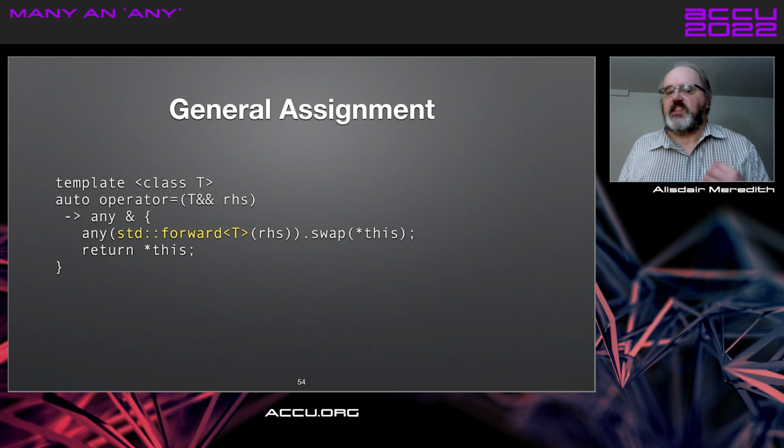So assignability is not a property that's necessary for anything you're going to store into an any, because when you assign the same type, it's still going to destroy the existing object and replace it with a newly constructed object. We're not going through the assignment operator.